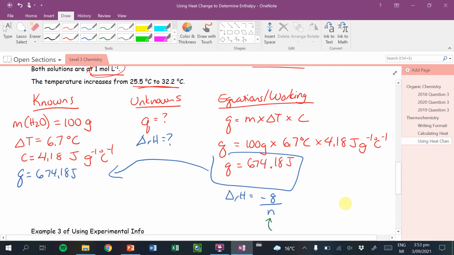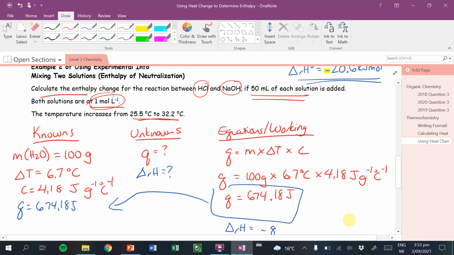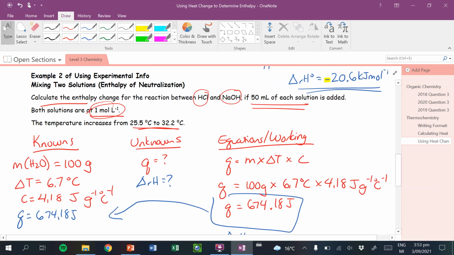So when I think about n, I need to think about what is the chemical reaction that's occurring, not how much solution or liquid is there. Because the liquid amount I'm thinking about, because I'm thinking about, okay, what's the heat capacity of water? So basically, you're just asking how much water has been heated and changed. When you are looking at the enthalpy, you're looking at the reaction that's changing the temperature of the water. In particular, I'm looking at the hydrochloric acid and the sodium hydroxide.